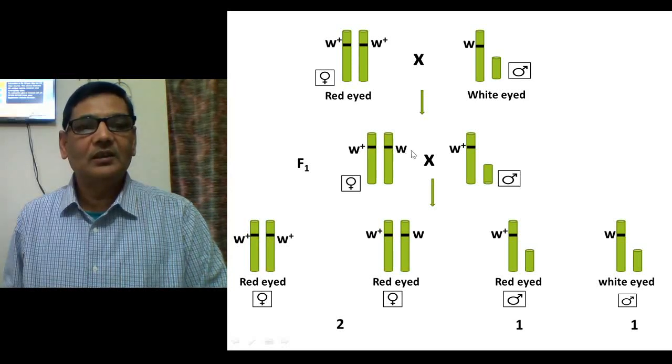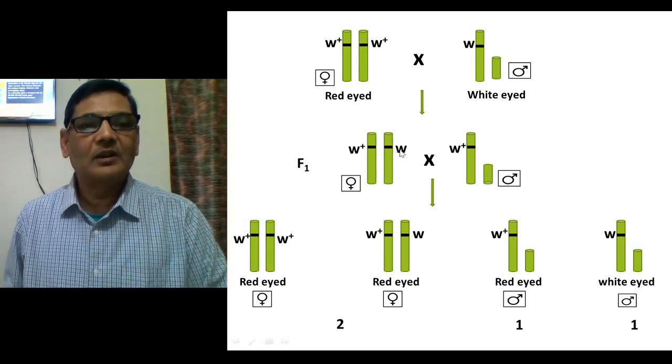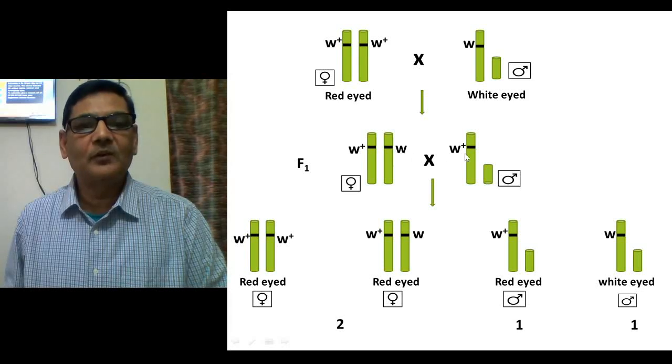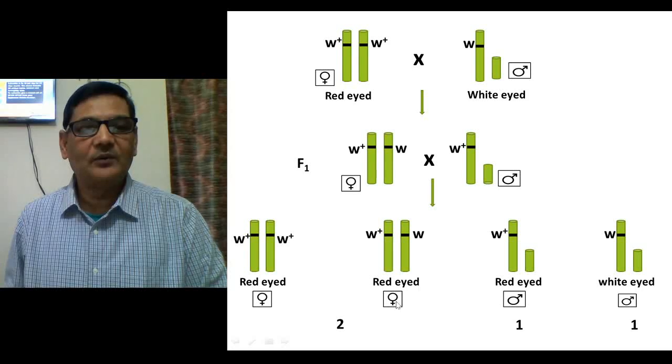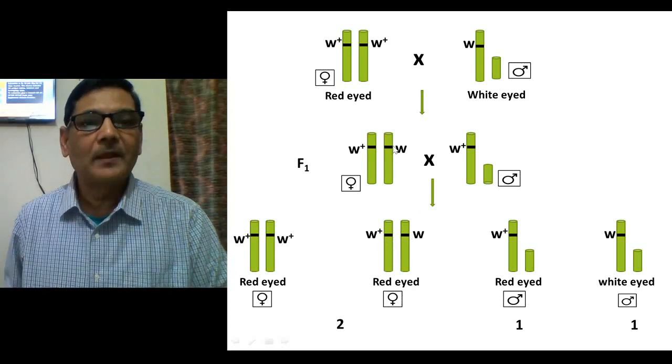Now the other W containing allele will combine with W plus, so this will be a carrier female but red-eyed. So W plus W, heterozygous, red-eyed female, and that I am referring to as a carrier.